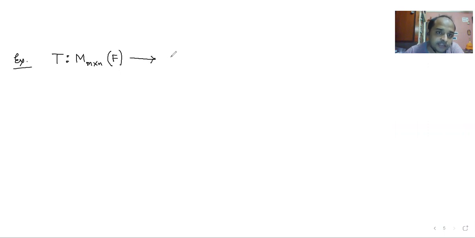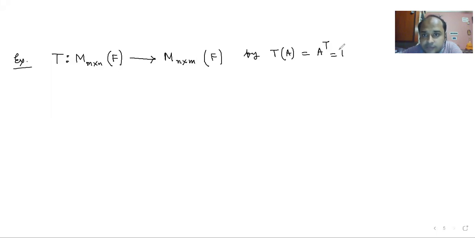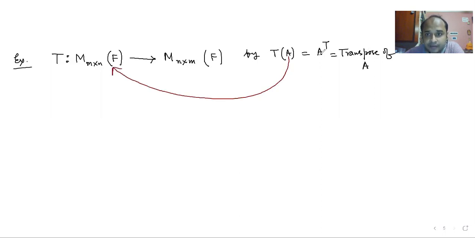I am considering a transformation from this set to that set, where the number of rows becomes the number of columns and the number of columns becomes the number of rows, by capital T of A, which is defined as A transpose. This is transpose of A.